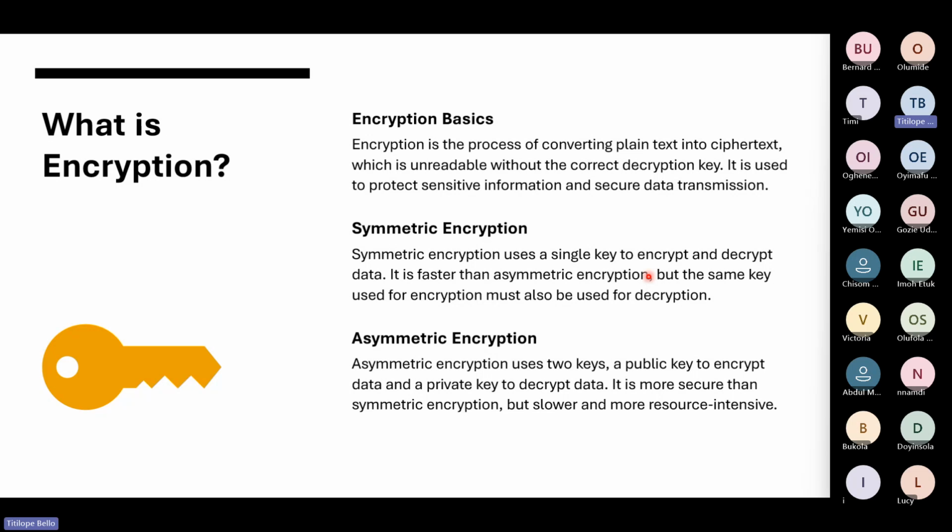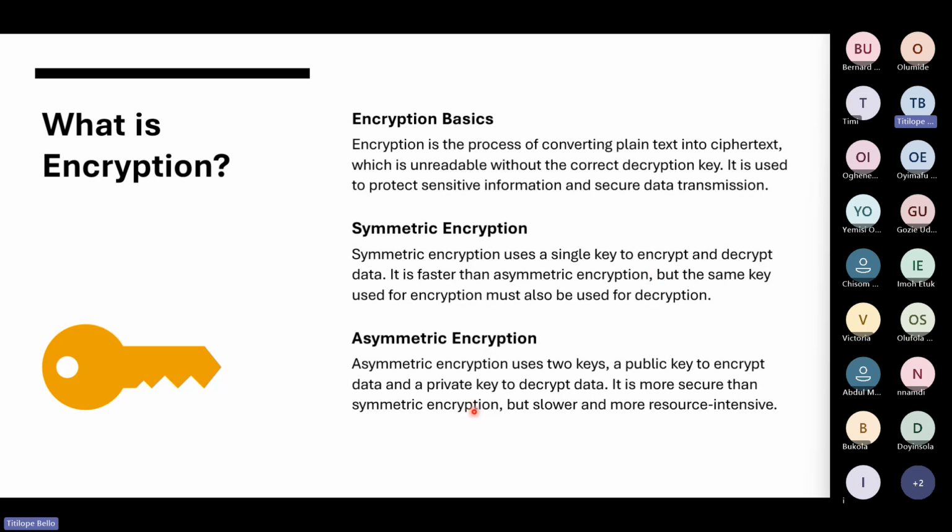One key can be known to anybody, but there's what we call a private key. So that key that is known to anybody is the public key. Now there's what we call a private key. That private key is only known to you who did the encryption of this data. So if you have to give this data to somebody to be able to use it, then you must provide the private key to them as well in order for them to be able to decrypt the data and make use of this resource or the data that you have provided to them.